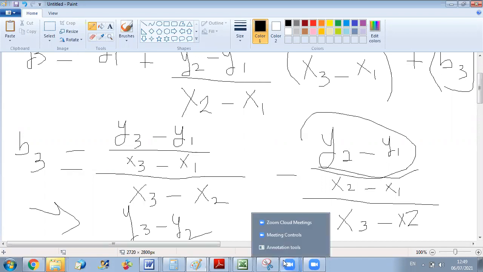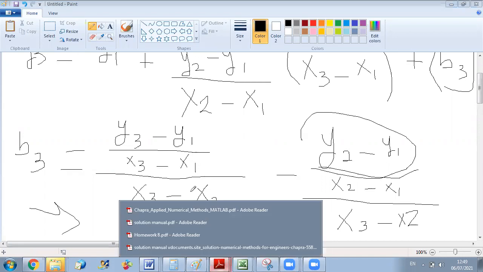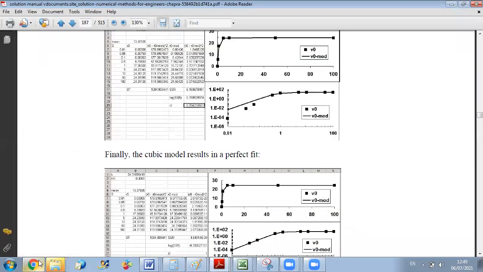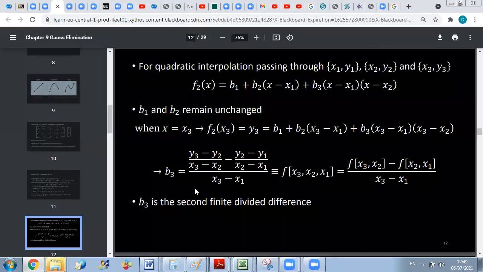Okay, and you will obtain at the end the same expression they did here. And you will rearrange your terms in a way to get the difference of y3 minus y2, and here the difference of y2 minus y1. Okay, so whenever you end up with this result, you can generalize it.